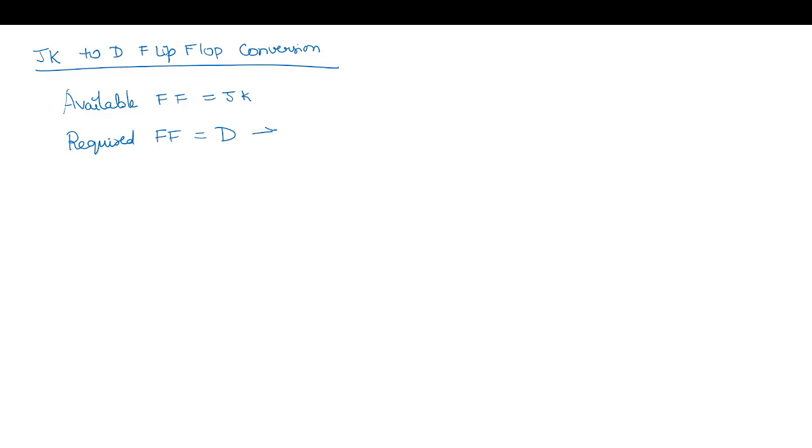So for the required flip-flop, we write the characteristic table, and for the JK flip-flop, we write the excitation table. So we have the D flip-flop.